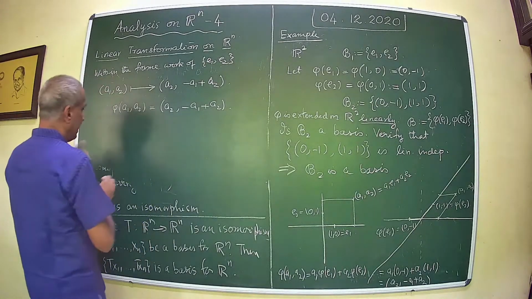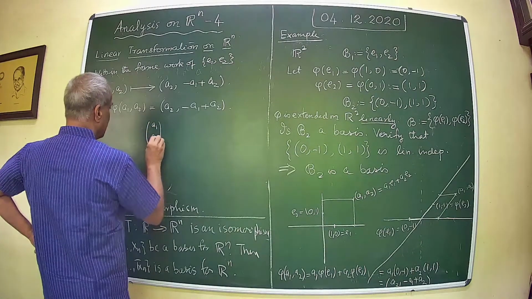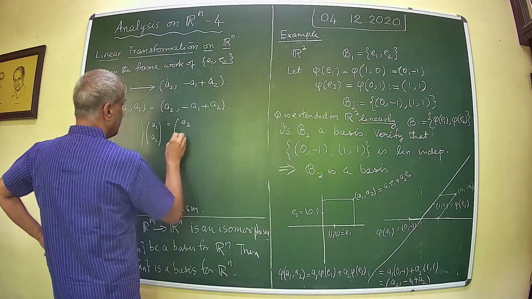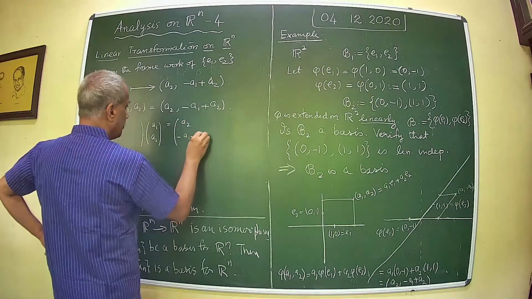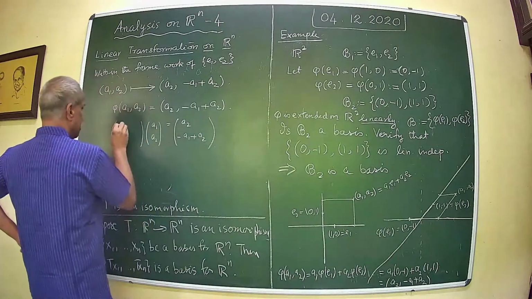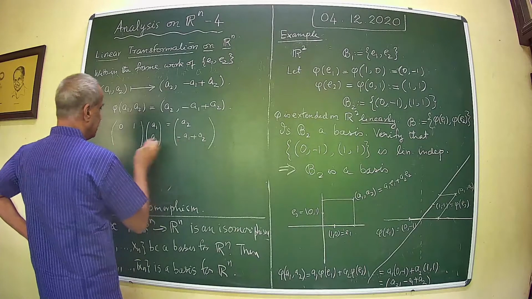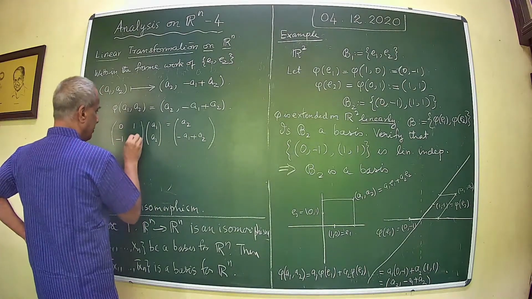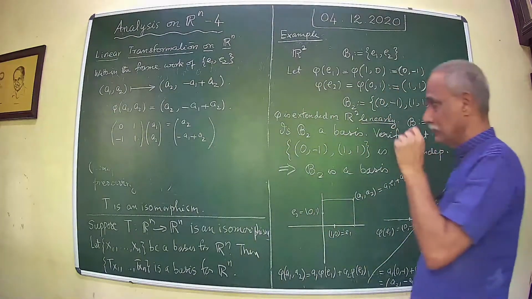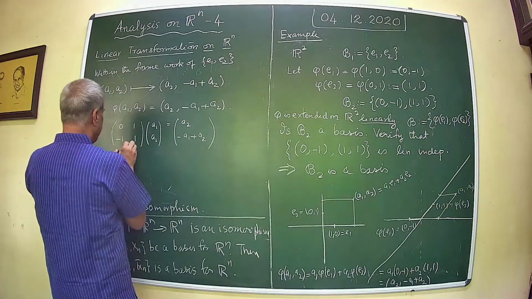Now you can even represent this as a matrix. So let me compute the matrix that does the trick. So it's (0, 1), and this is equal to -1. Okay, so you see that phi is now represented by a matrix.